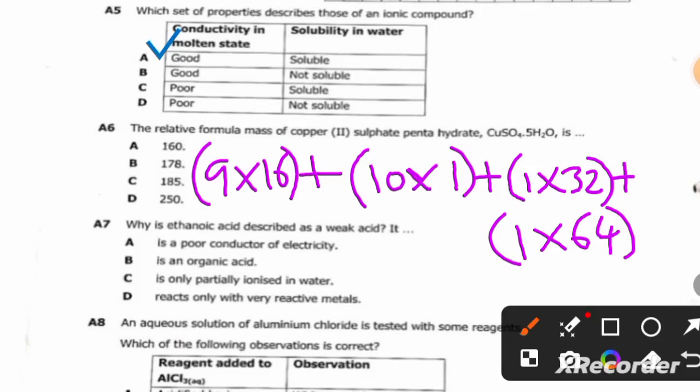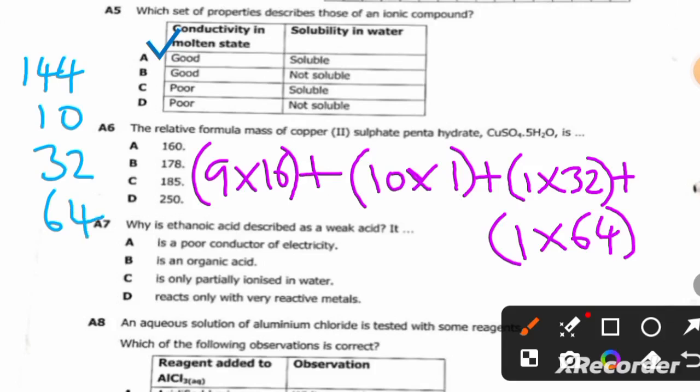Then 10 times 1 is equal to 10. 1 times 32 is equal to 32. 1 times 64 is equal to 64.